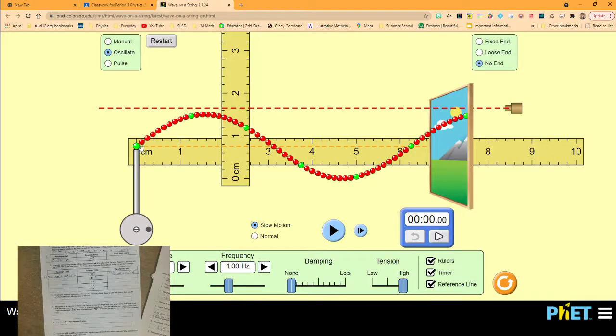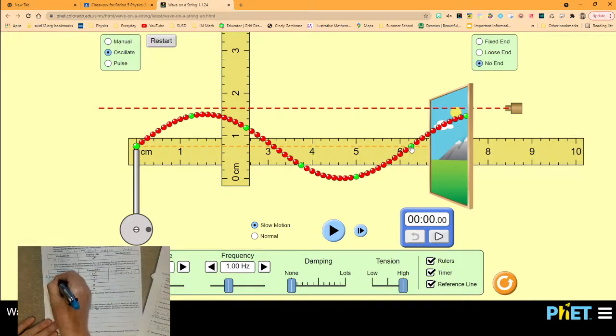So from going up, down, and back up, the wavelength looks like 6.25 centimeters.